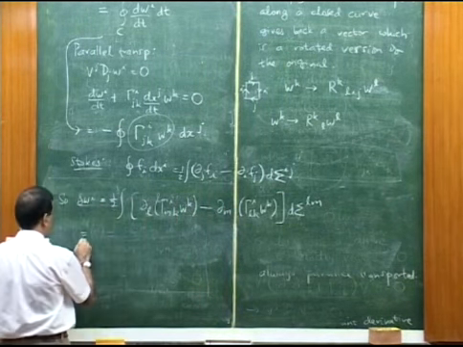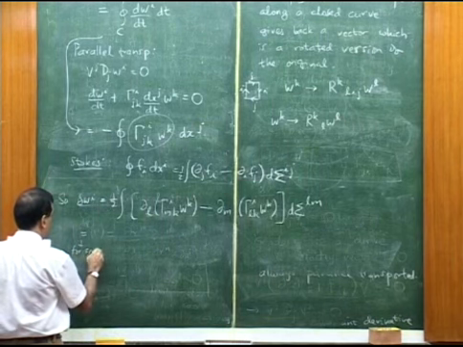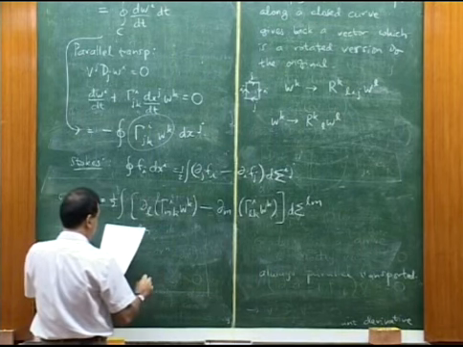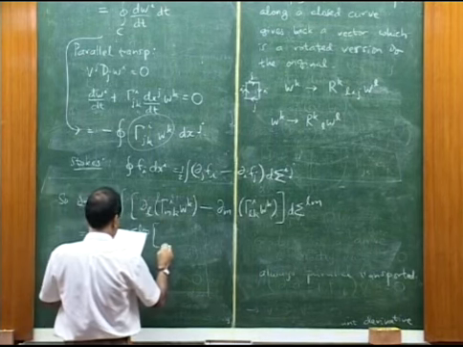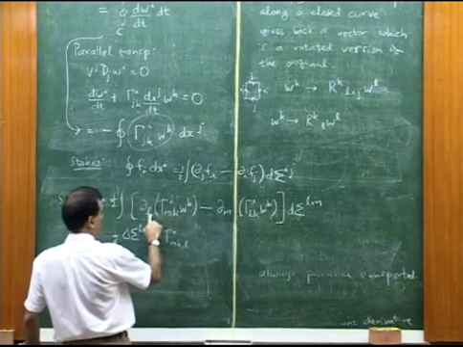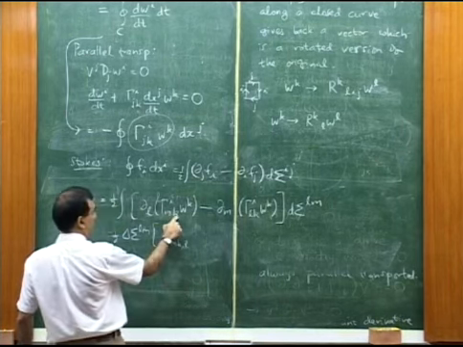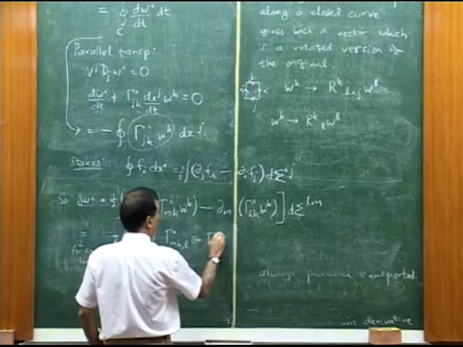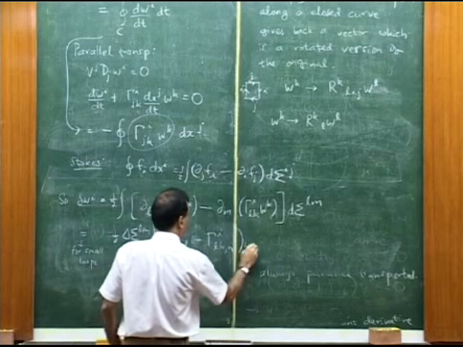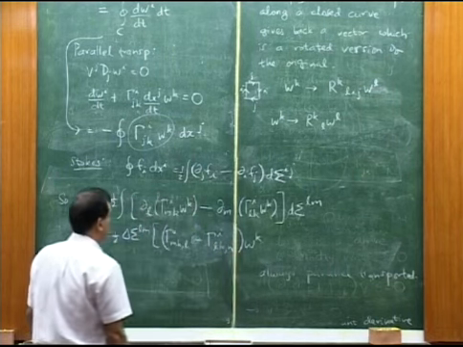I just write this for small loops as half δσ^LM times some local object, and that object is Γ_IMK,L, that's from this acting on this, minus Γ_ILK,M, W^K. So this is two terms.